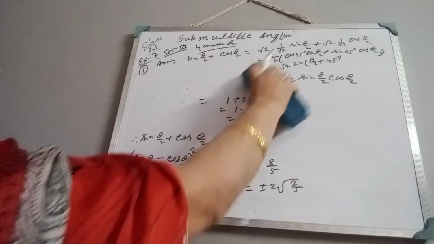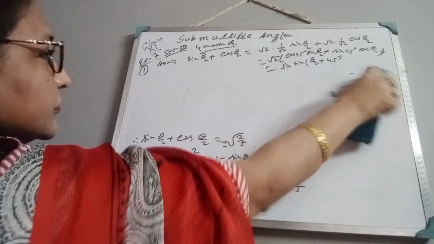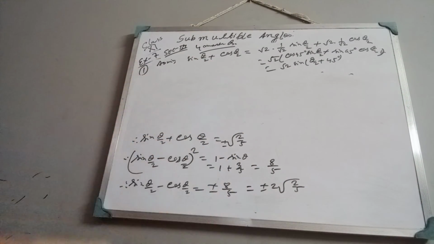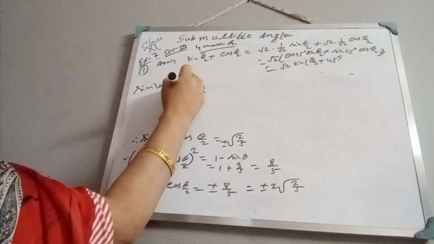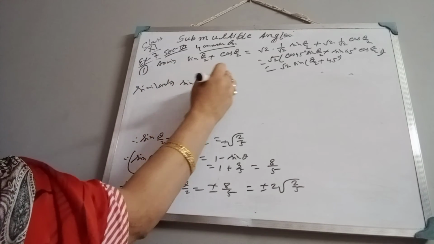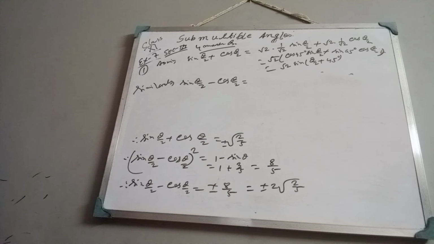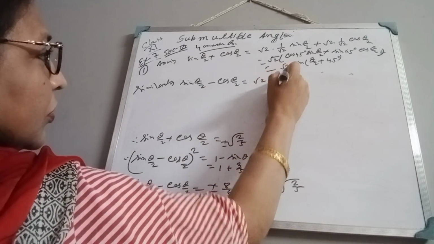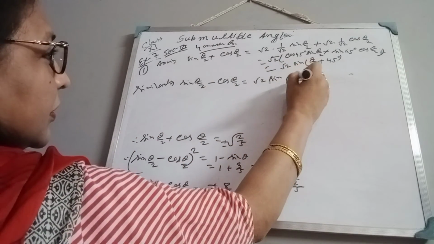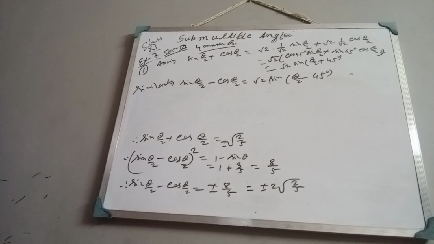Similarly, sin θ/2 minus cos θ/2, we will get as √2 sin(θ/2 − 45 degree).